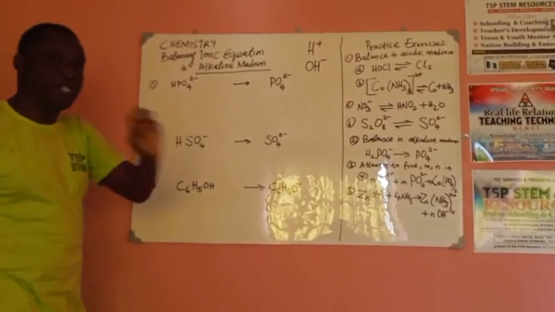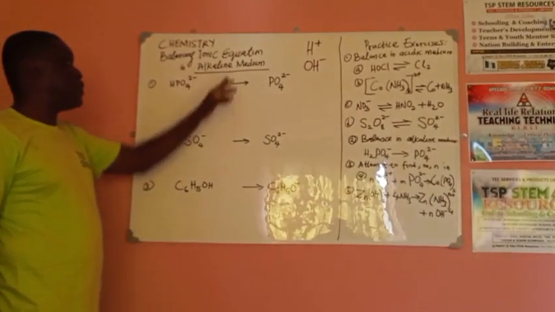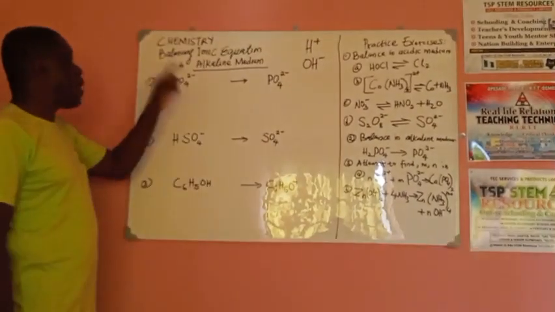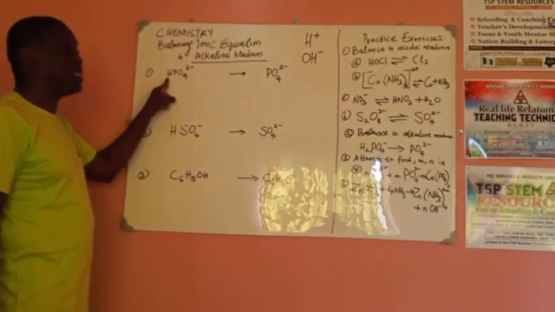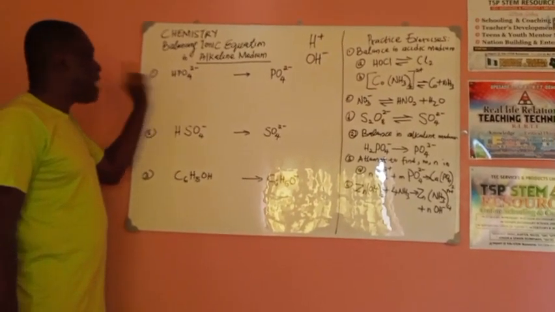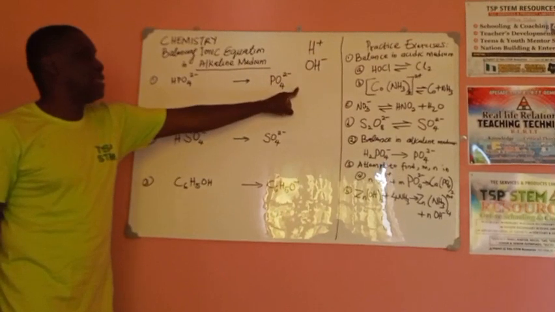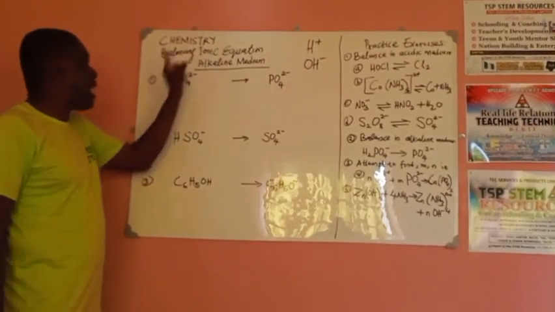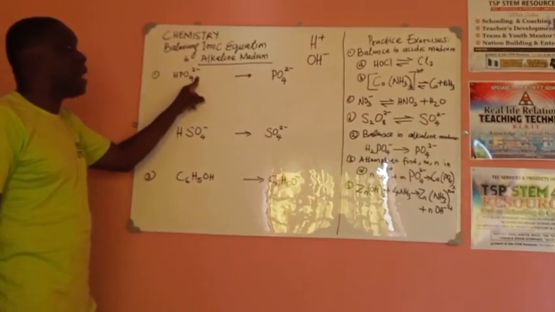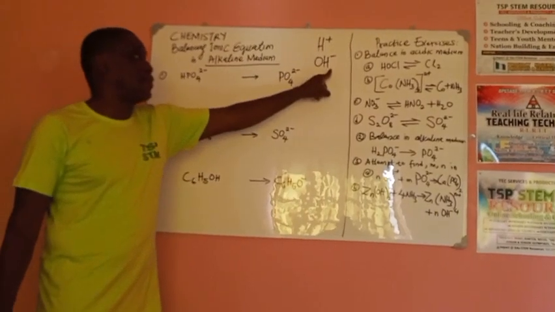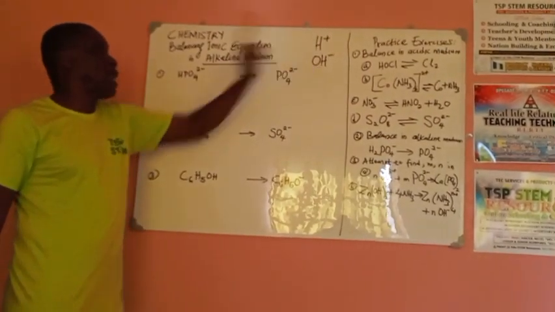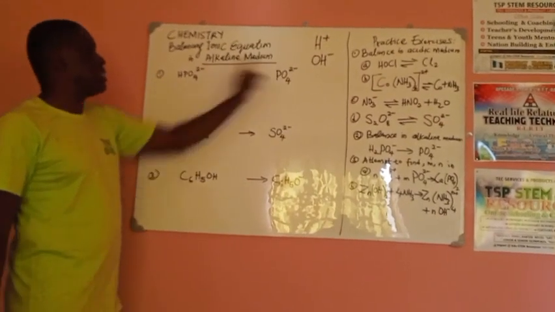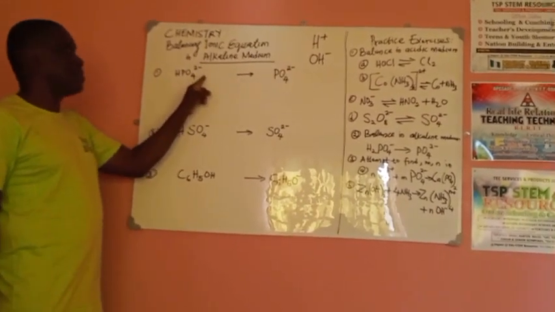This procedure of balancing in alkaline medium is telling you that you balance 1 more hydrogen, because there's 1 hydrogen that is surplus here. Instead of adding it here at the product side, you will still add it at the what? At the reactant side by using what? Hydroxyl ion. In this case, I just need 1 mole because I needed 1 hydrogen. So instead of adding it here, you add it to the reactant side.